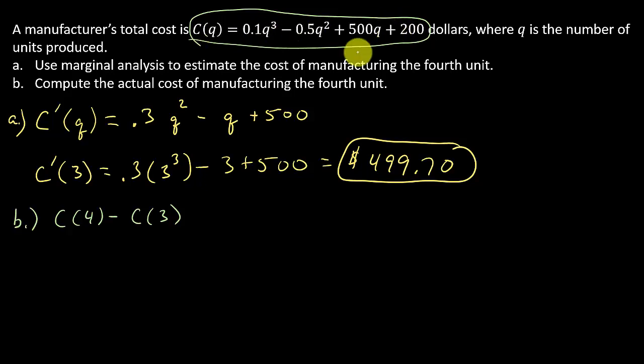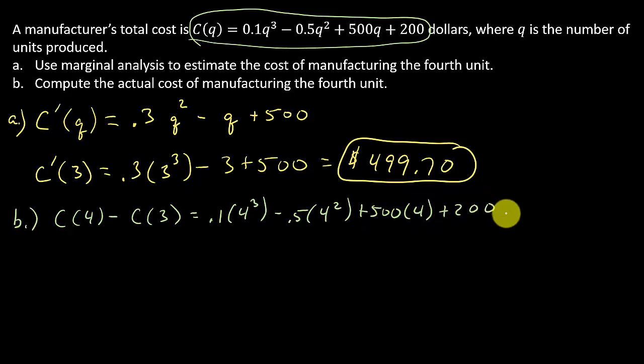If we take the total cost of 4 units minus the total cost of 3 units, that'll leave us with just the total cost of that fourth unit. So this is going to be 0.1 times 4 cubed minus 0.5 times 4 squared plus 500 times 4 plus 200.